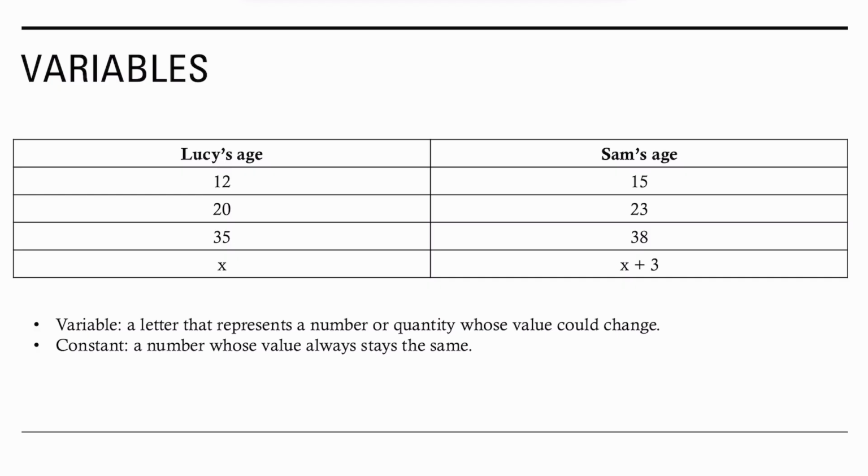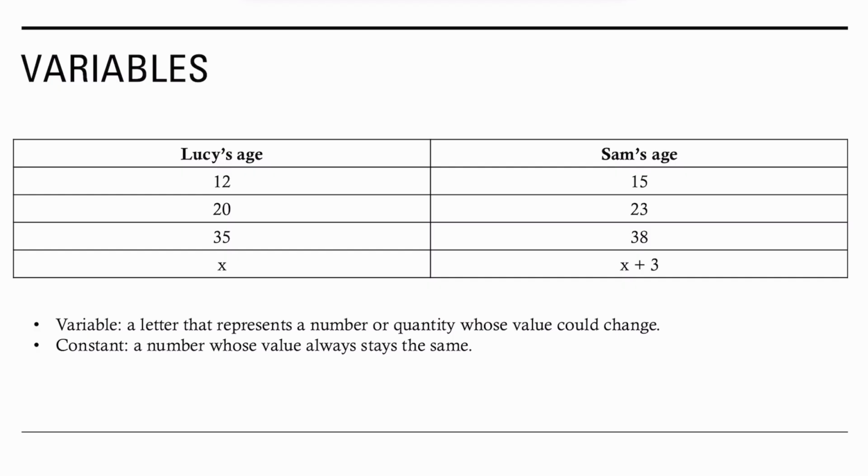You can see that there's a pattern forming where Lucy's age will be 3 less than Sam's age. And so we can represent Lucy's age generally as an X, right? It doesn't matter what number you put in there, it's always going to be 3 less than Sam. So if Lucy's age is X, then Sam's age would be X plus 3.